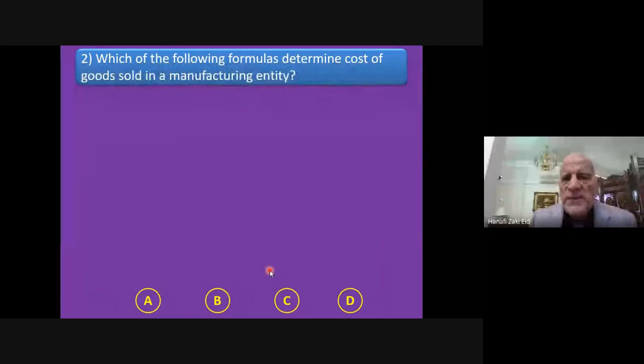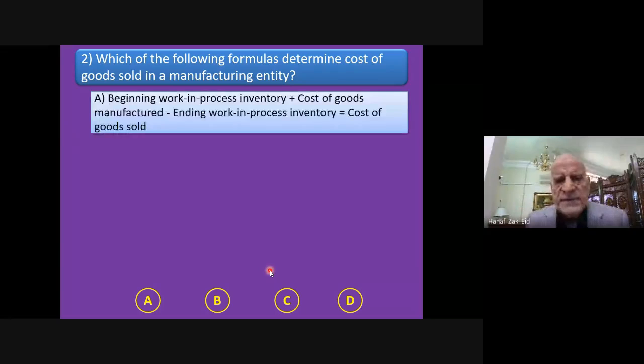Which of the following formulas determines cost of goods sold in a manufacturing entity? In the last question number 1, he was asking about merchandising entity. But now he is asking the same question, but in manufacturing entity. Beginning work in process. Don't forget that he is asking about cost of goods sold.